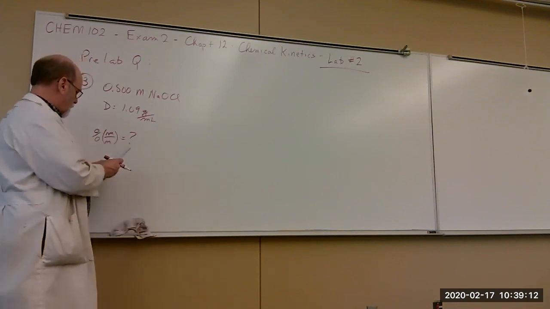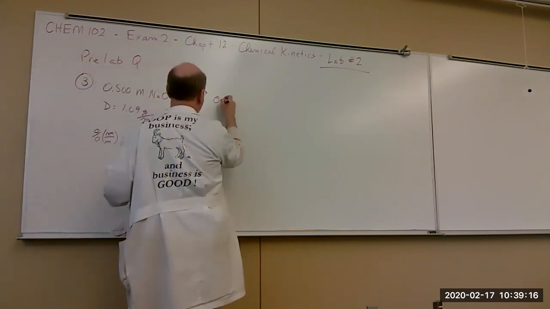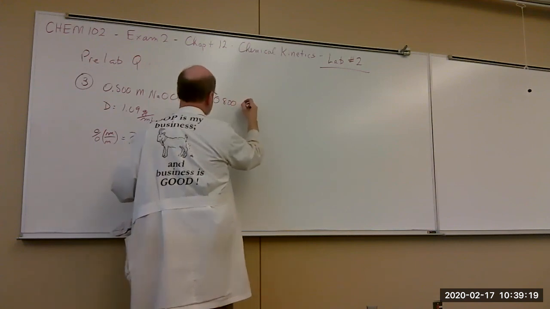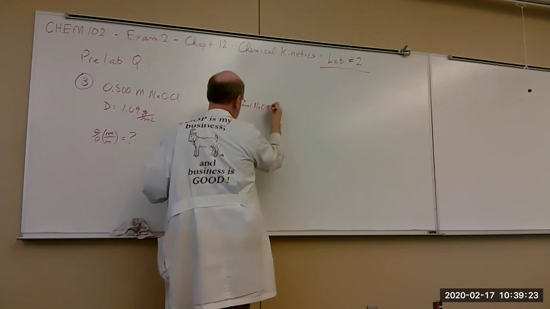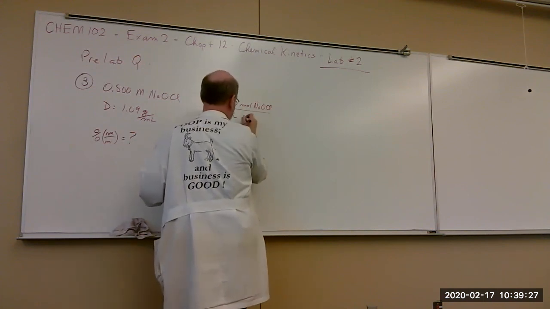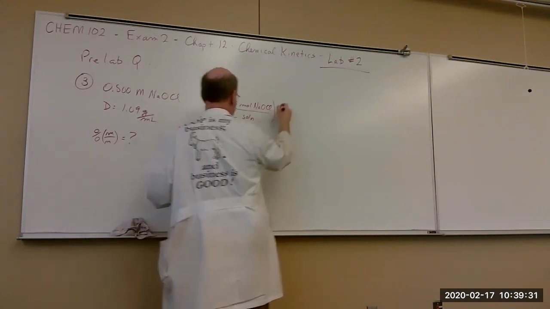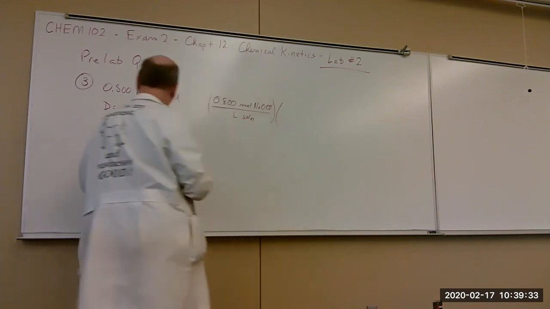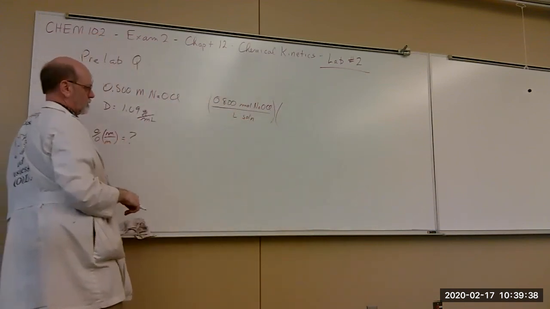Okay, so this is our starting point. And this is moles of sodium hypochlorite per liter of solution. So we want to end up with grams per 100 grams.